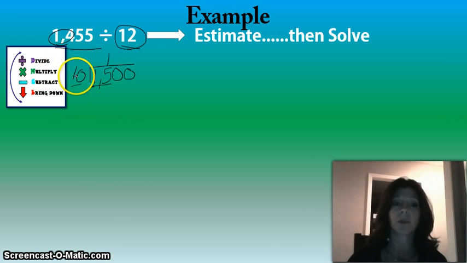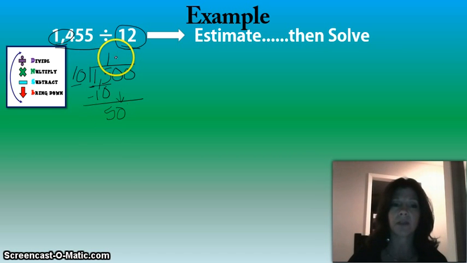Next step is to multiply. 10 times 1 is 10. Next step, subtract. So you're going to subtract 10 from 15. You're going to get 5. Then bring down. So you're going to bring down your 0. You start all over again. 10 divides into 50. How many times?